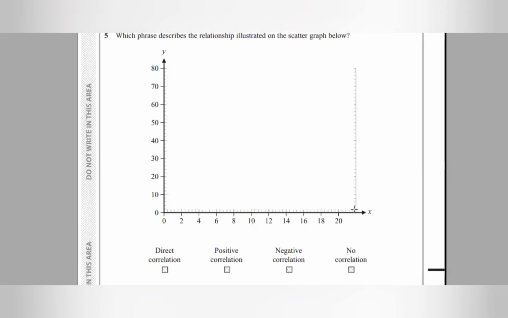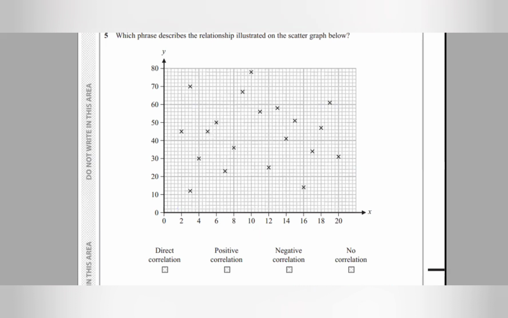If the points are formed in a way going up like this, we call this positive correlation because it's going up together.